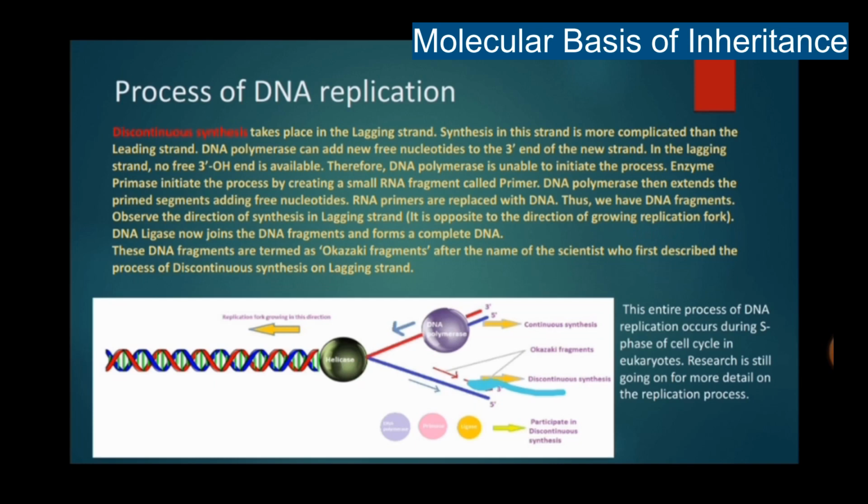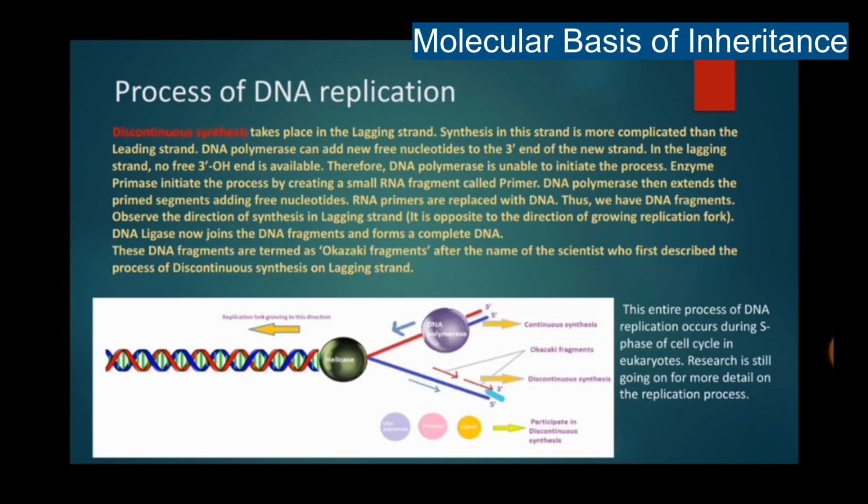Similarly, many small fragments will keep on forming due to the action of primase enzyme, but we need the complete strand of DNA. छोटे छोटे fragment में तो ये create हो जाता है, but we need the complete strand of DNA. We do not want the pieces, so we need something to join these small pieces.